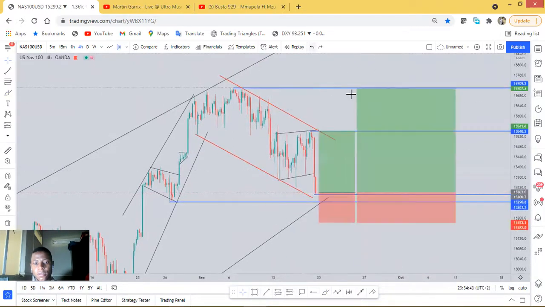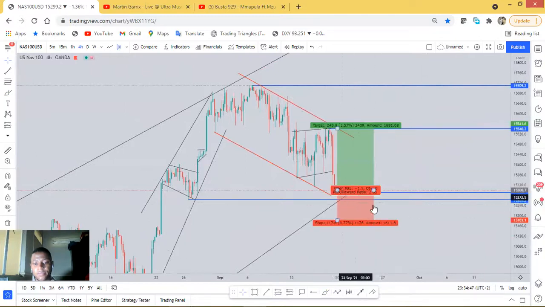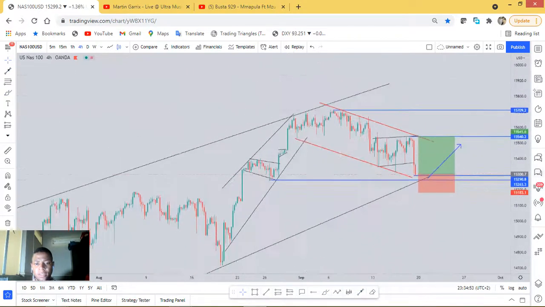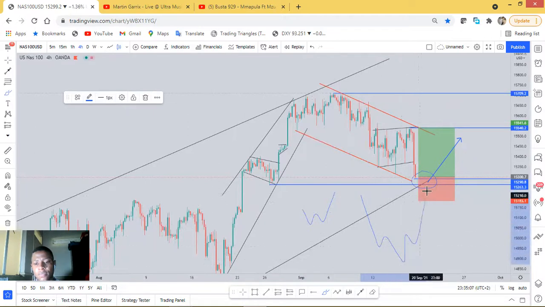Okay, so let me do that. So next leg we bias to the upside. In conclusion, we bias to the upside. Yeah, so it seems I don't have anything more to add to that. And obviously, we look for some sort of confirmation in this area. A nice small double top or a nice head and shoulders.